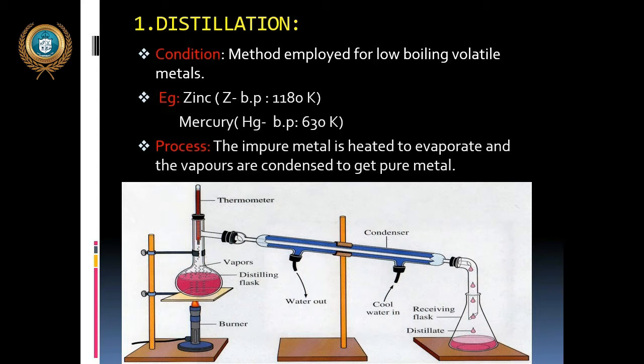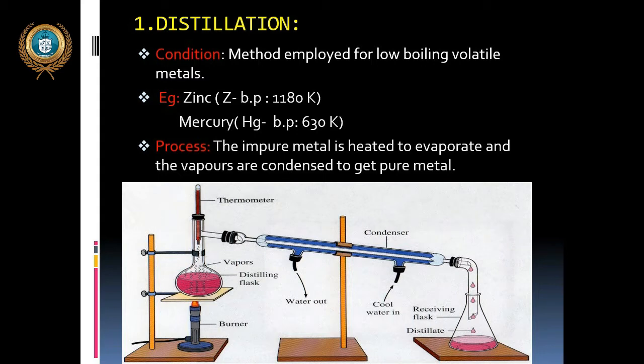If this impure metal is heated, what happens? It will change into its vapor state. When it converts to the vapor state, that can be collected in the condenser. The condenser is a straight tube, like a straight stick, no? So the gas is collected in that condenser. Now we cool that gas by letting water flow through the condenser.